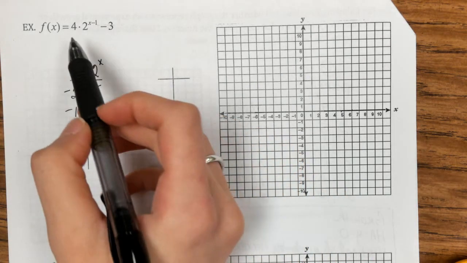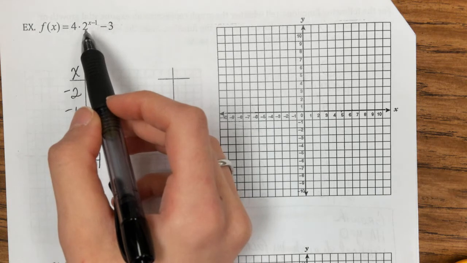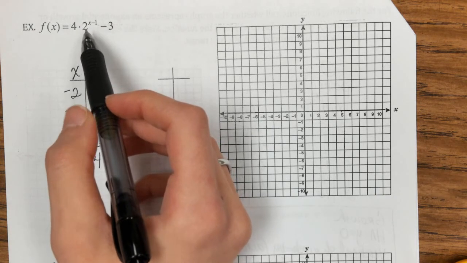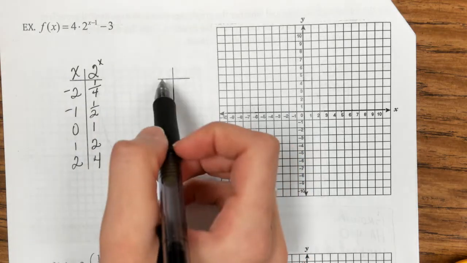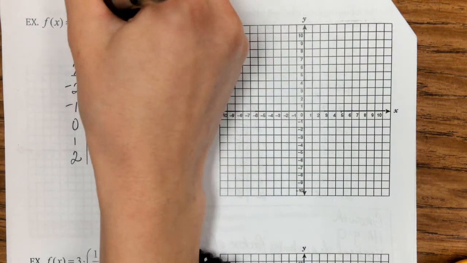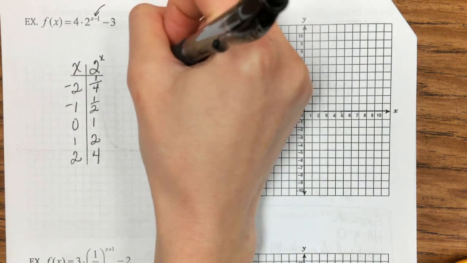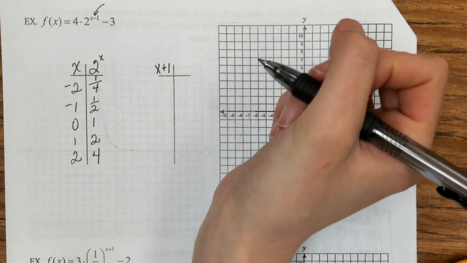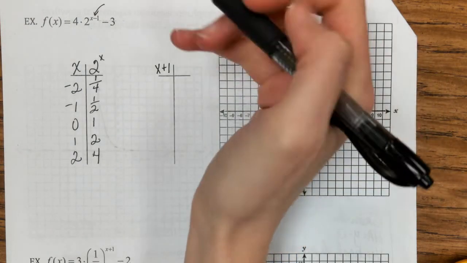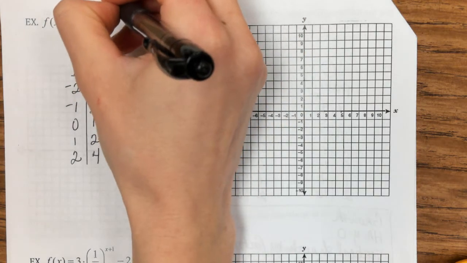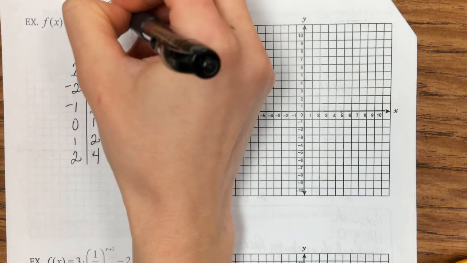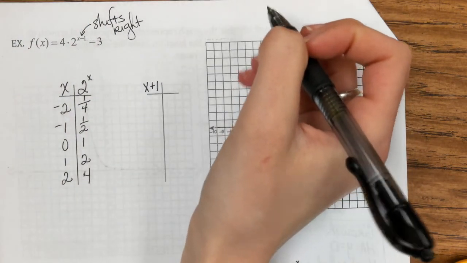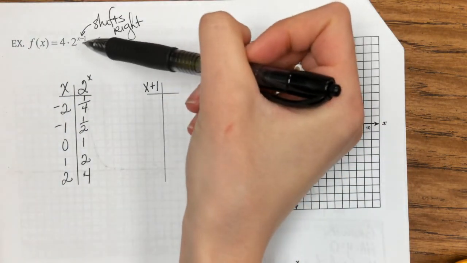Now, I need to look at my original function. I've got 3 transformations happening. What's happening to my x? In my table, I'm doing x plus 1. So I'm really doing what there? That shifts where? Right. Trying to let y'all identify that because you've got that section on your worksheet. It's going to shift right 1.